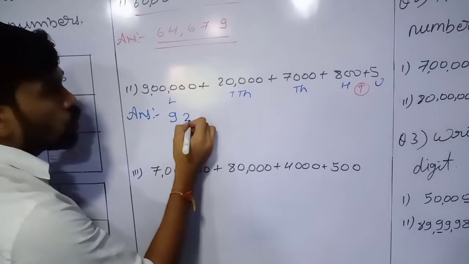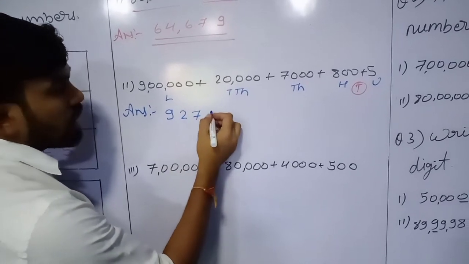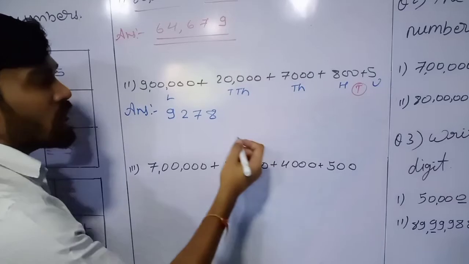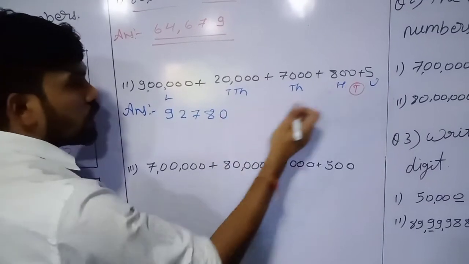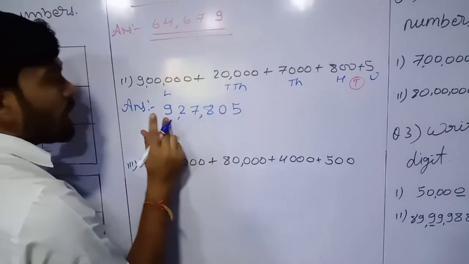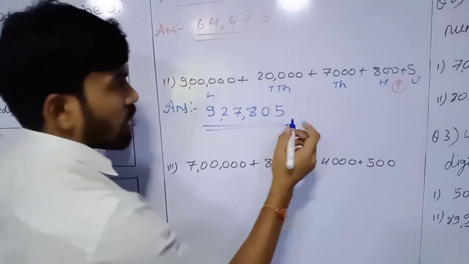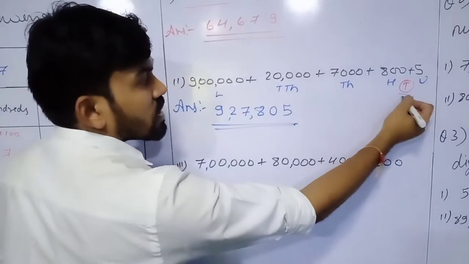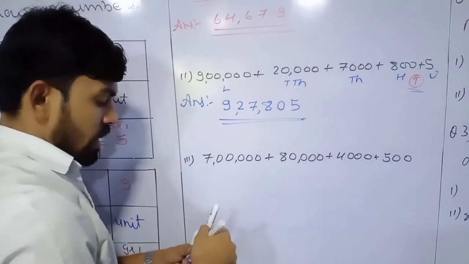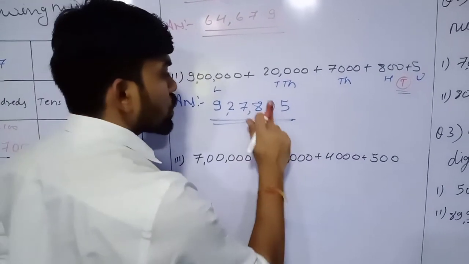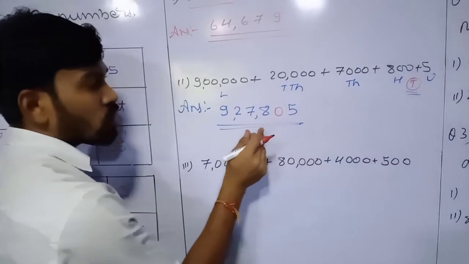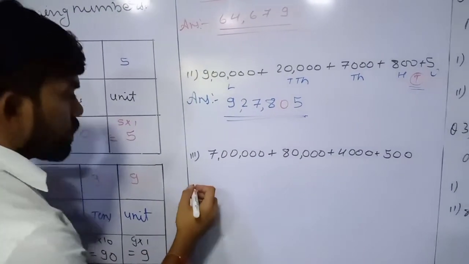Before lakh, 2, 7, 8. As we are missing 10, so 0, and unit is 5. So it will become 9,27,805. Once again, here we have the missing tens place. At the missing place, we substituted 0 over here. So this way we can write.